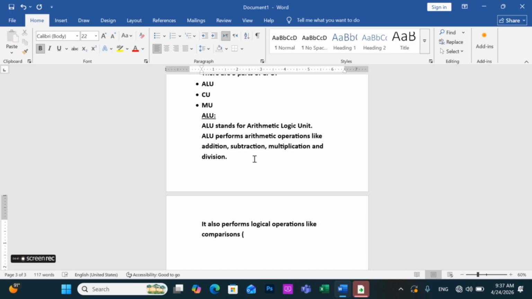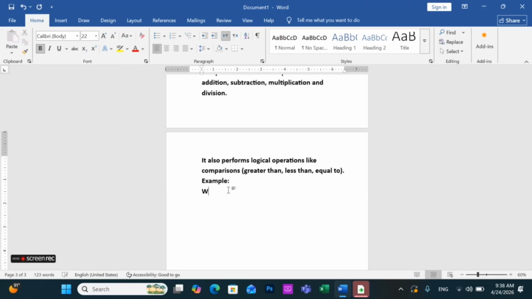And in comparison, greater than, less than and equal to. The example: when you want to add 2 digits like 4 plus 5, the ALU performs this calculation.